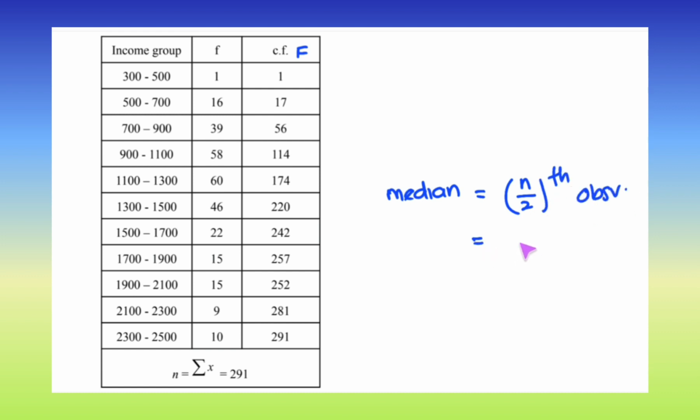So 291 over 2 is equal to almost 146. 146 in the column of cumulative frequency lies in this range. So this is our median class.